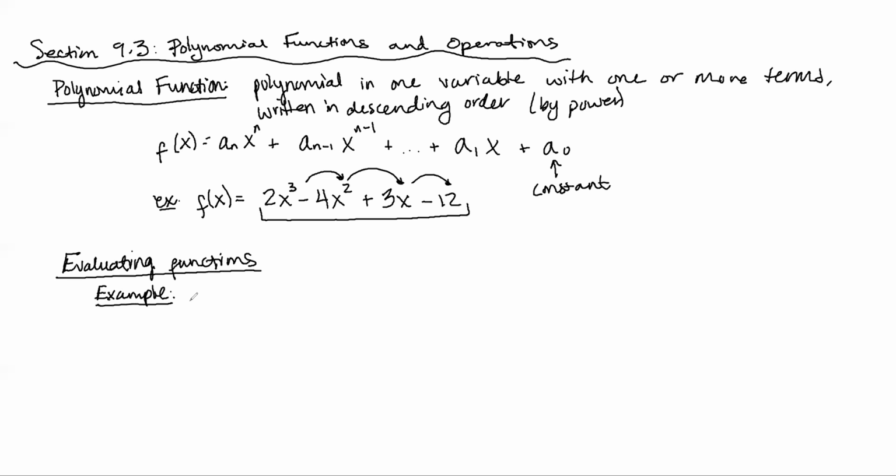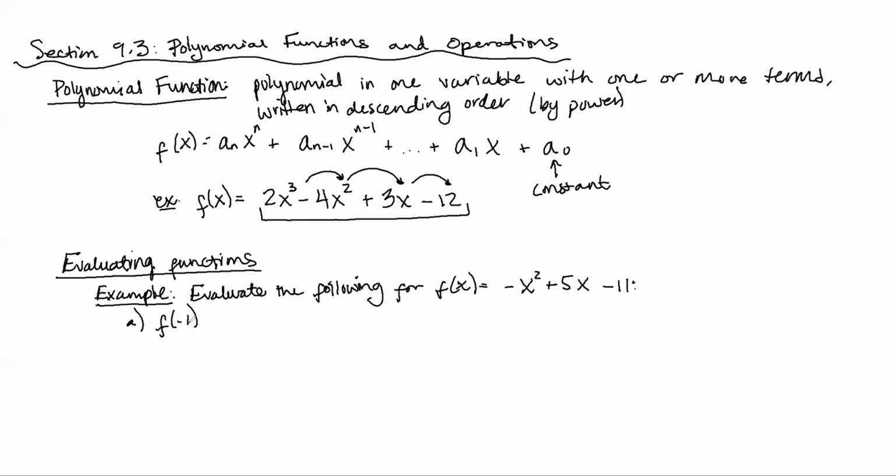For this example, we're told to evaluate the following for f of x equals negative x squared plus 5x minus 11. And so part A, we're told to find f of negative 1. Because we got a little bit of practice with this last time, I would go ahead and try these three by yourself and then check your answers. So part B will find f of 0. Part C will find f of 1.